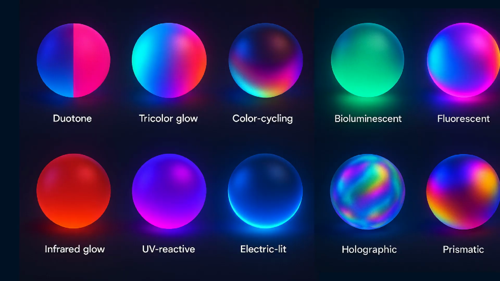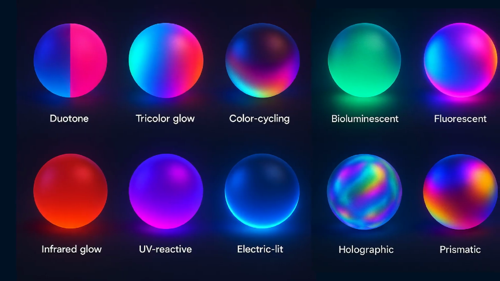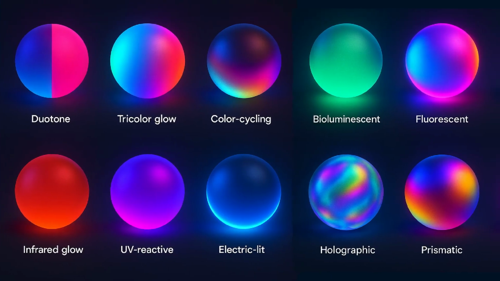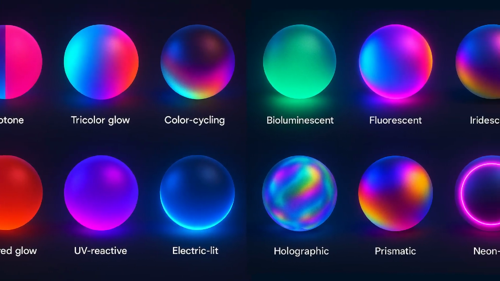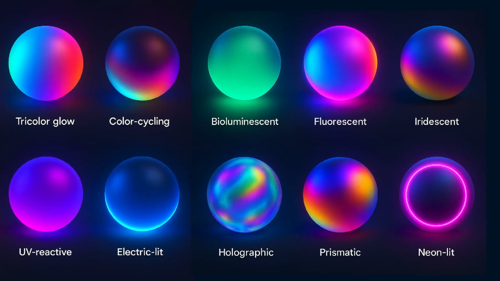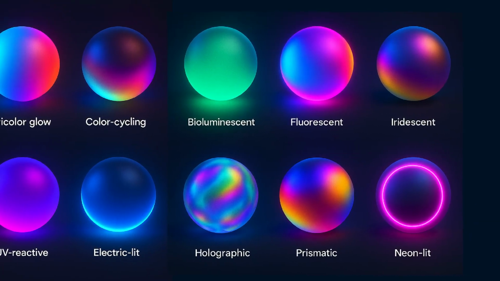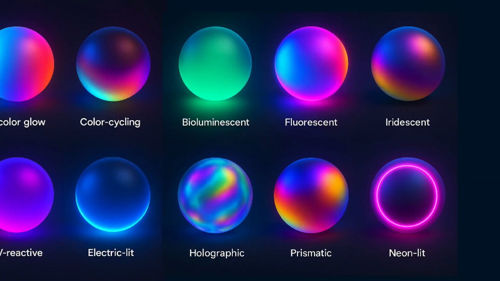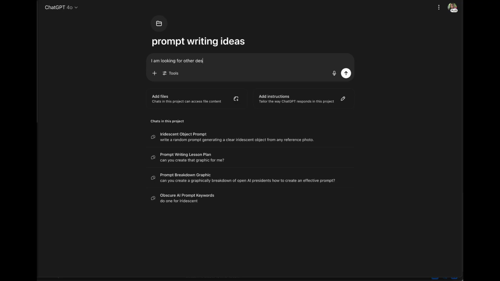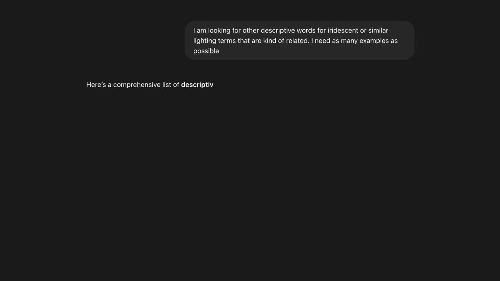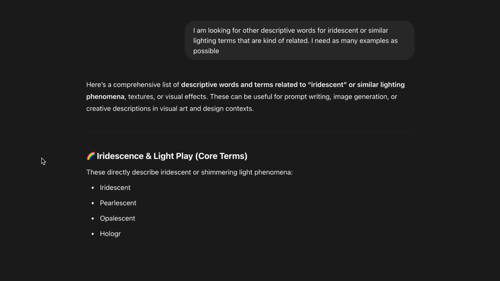I'm going to be honest, I did not know the difference between iridescence, luminance, bioluminescence, and all these other different ones before researching this class. What's incredible is I can type into ChatGPT or a similar AI LLM and ask it for similar words for iridescence. It came up with a wider variety of similar words.